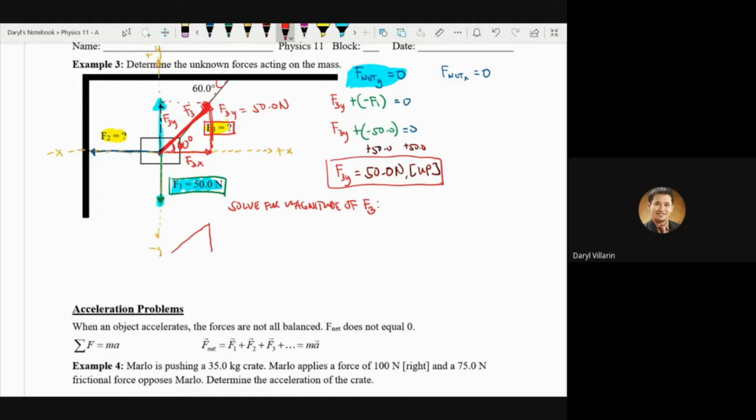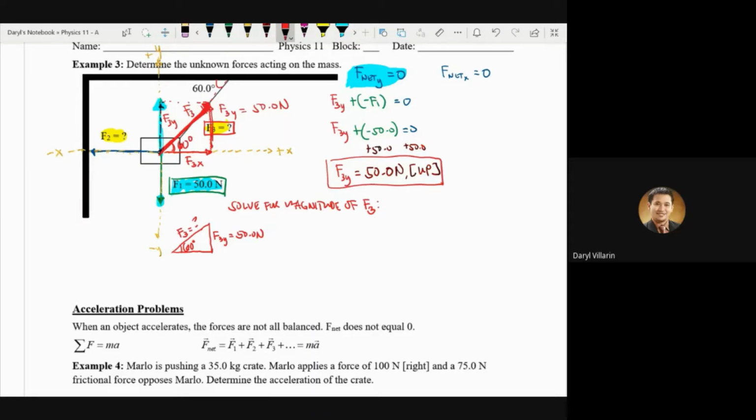So if I draw a right triangle, this is my F3. This is my F3Y, which has a value of 50 newtons. Again, I want to solve for F3 because that's one of the questions. And this is the 60-degree angle. So I have one angle and one side.